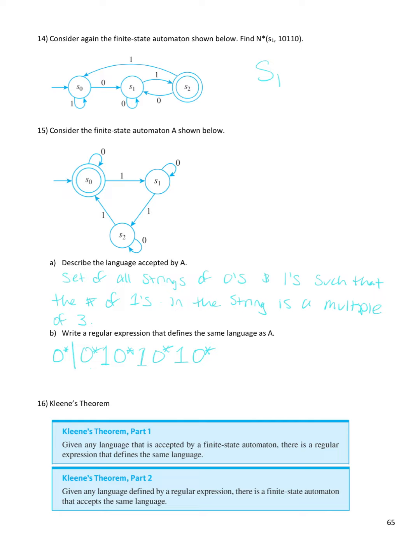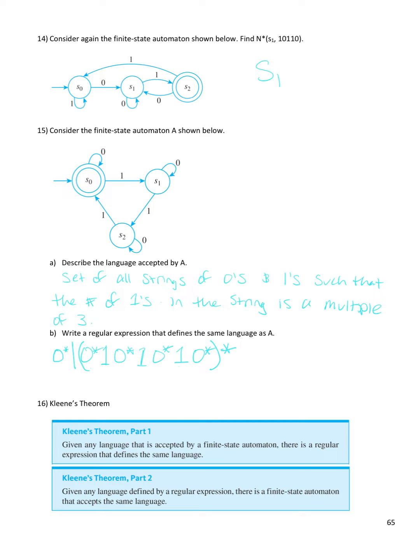So if I want a multiple of 3 ones, that means that I need to concatenate this expression with itself any finite number of times. And the definition of that is star. So I'm just going to put parentheses around this whole string and say concatenate this thing with itself any number of times, and that would land you at the acceptance state.